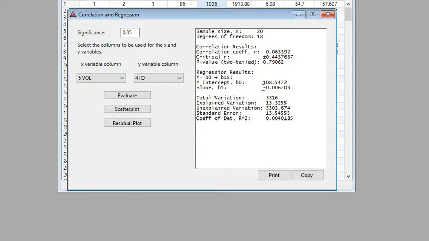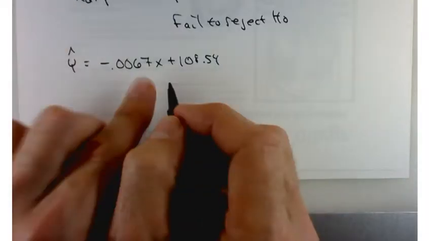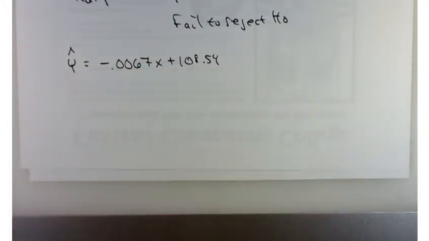Let's finish up the problem that they asked. They asked us to make a prediction as to what the IQ would be for somebody with a brain volume of 1,000 cubic centimeters. So let's find the value of y hat. Negative 0.0067 times 1,000 plus 108.54.